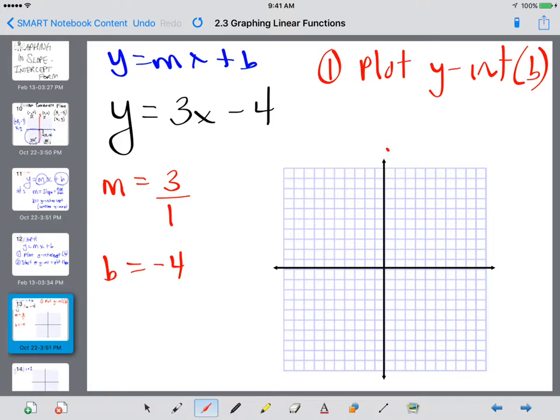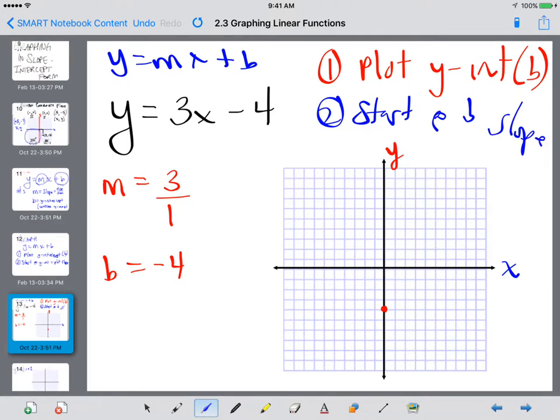So on the y-axis, remember the y-axis goes up and down. I'm going to go down to -4. That is my first point I plot. Remember, this is the x-axis. Step 2, I need to start at b and plot the slope.